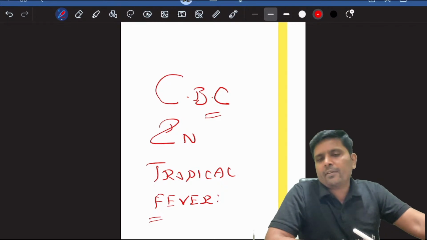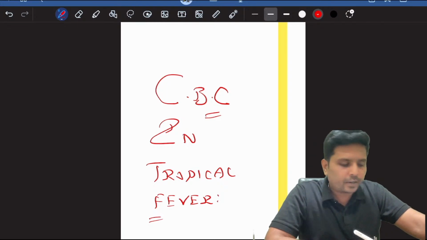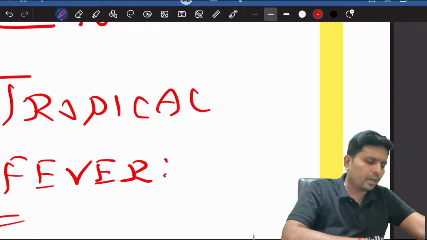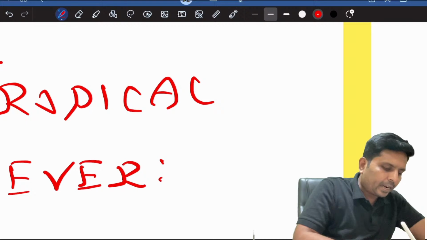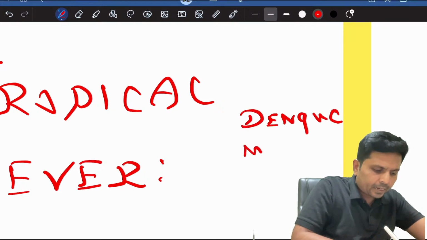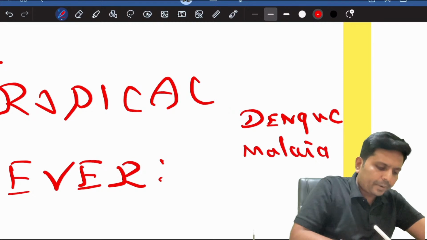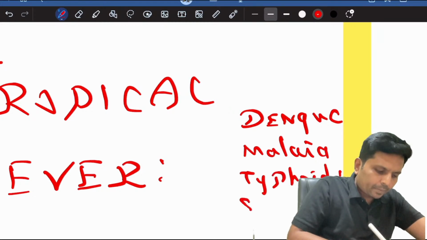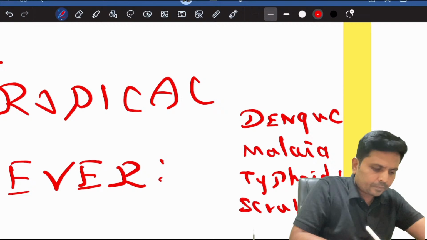Remember, whenever any child is brought with fever, invariably we will be thinking in terms of some common fevers. What are all those fevers? It can be dengue fever, malaria, typhoid, scrub typhus.